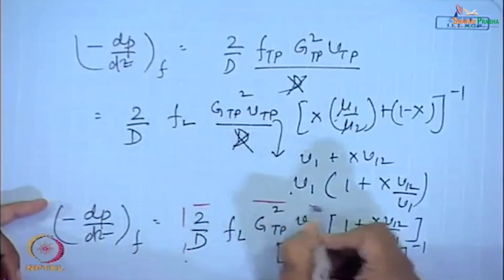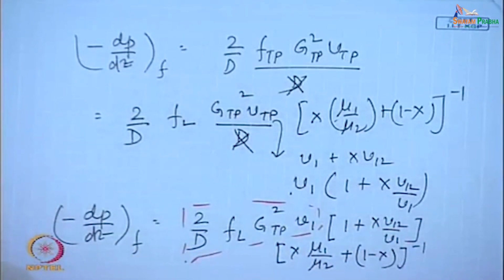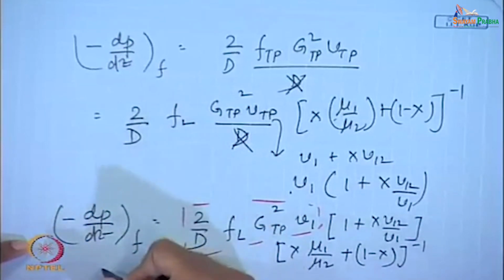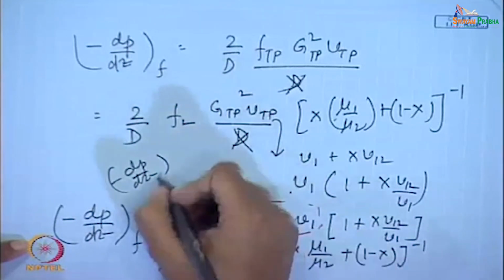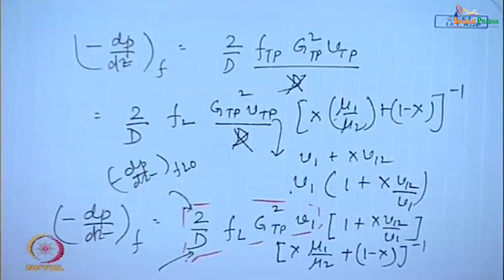So, in this particular case also I find that I could actually break down the frictional pressure gradient for two phase flow under homogeneous flow conditions as a product of 2 or 3 terms, where the first term, if you observe it, gives you the frictional pressure gradient for only liquid flow, agreed, okay.